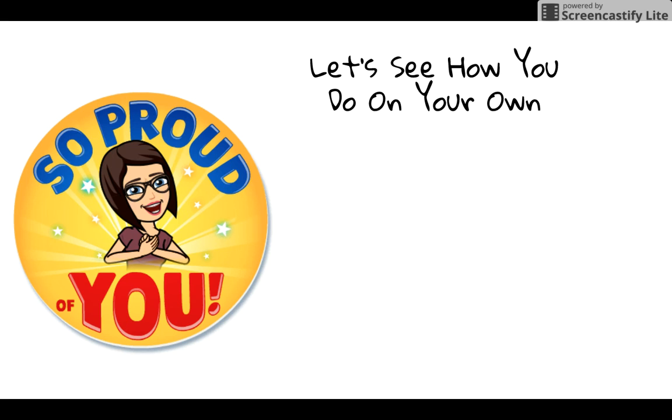Let's see now if you can do some of these on your own. Here's your first one. 4 cubed, or 4 to the third power. Go ahead and solve it and put in the answer to 4 cubed. Hopefully you got 64 because that's the answer to 4 cubed.